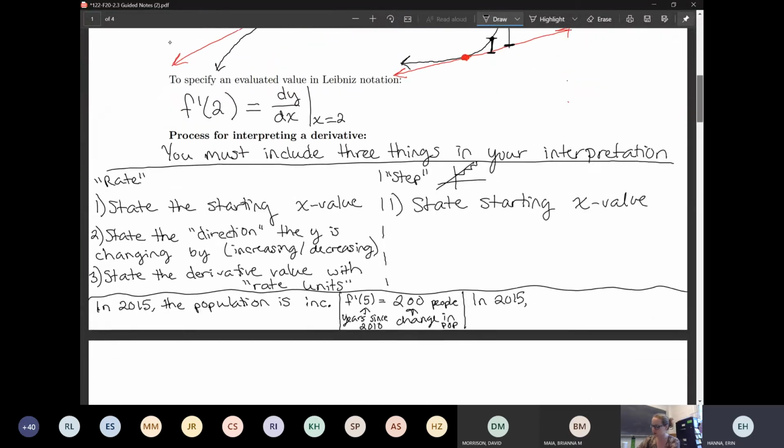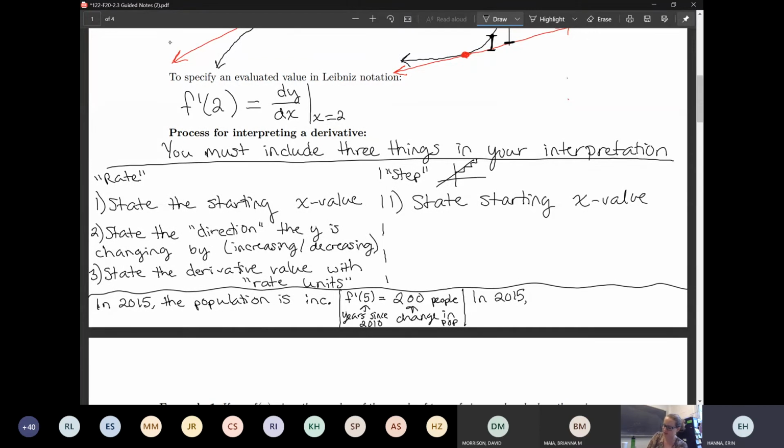So if it's in people per year, I'd say the population is increasing by 200 people per year. I'd essentially use the units of that actual derivative value. And there's a difference because in the other type of interpretation, you use a different type of unit. That's why I like to differentiate and kind of pull attention to what type of units it is.